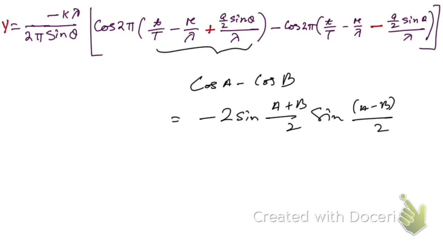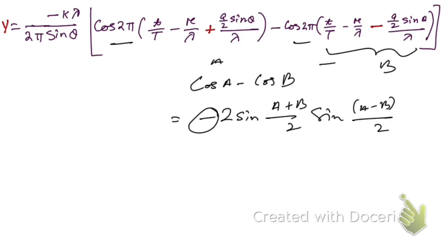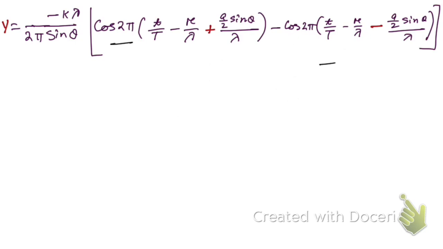So consider this one as a and this part as b, and this is sine a and sine b. Then if we simplify this, because of this minus it will be plus, right? And then if we apply this trigonometric identity, we're gonna get this result.